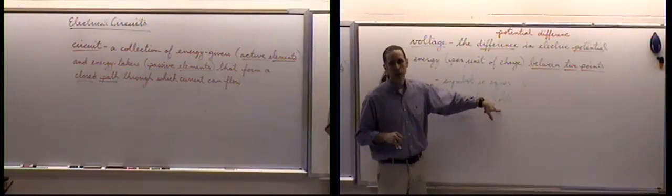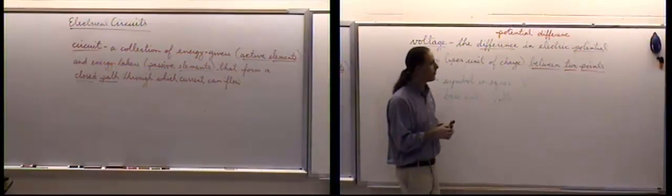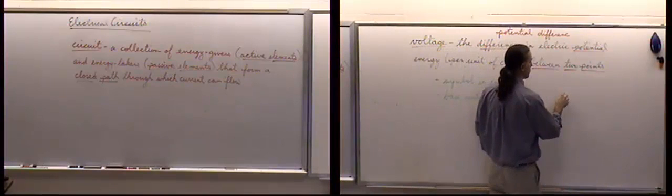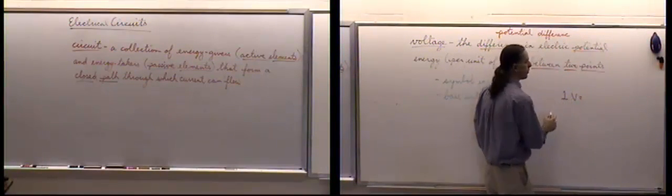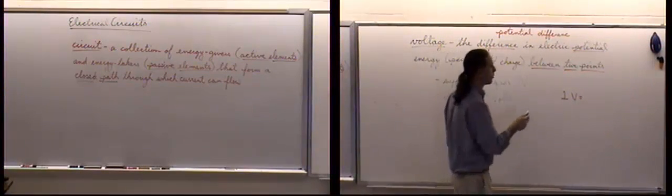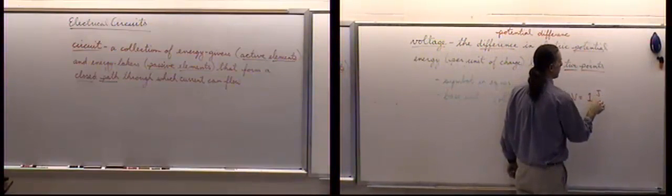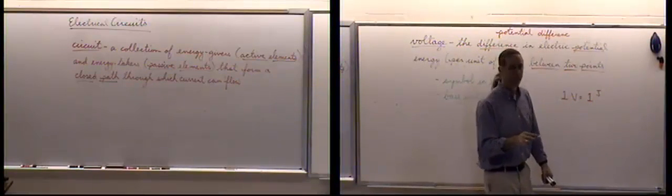If we want to define what a volt is, we have to go back to the definition of voltage. It's a difference in potential energy per charge. So how do we measure energy? What units? Joules. What does the word per mean mathematically? Per means divide.